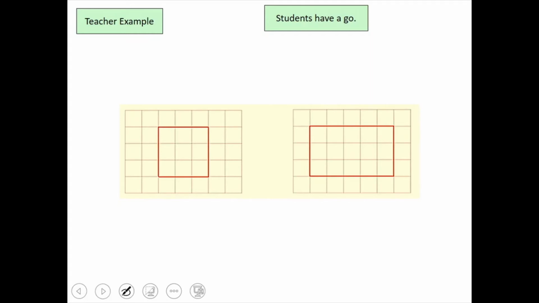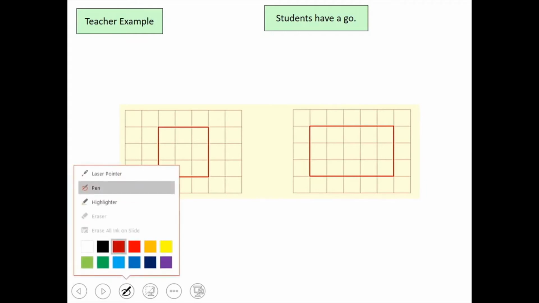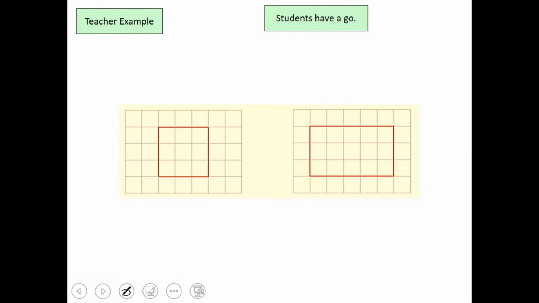So we should all know by looking at the shape straight away that this is a square. So by counting the boxes, we need to work out the length on this side, this side, this side, and this side, and we need to add them all together. So we've got 1, 2, 3. So we've got 3 centimeters at the top.